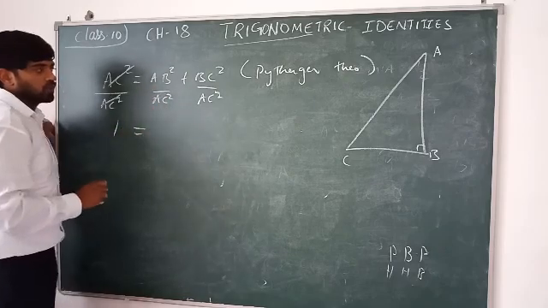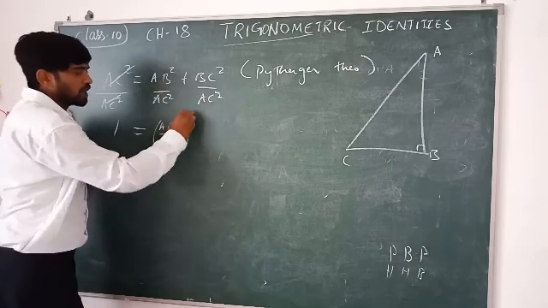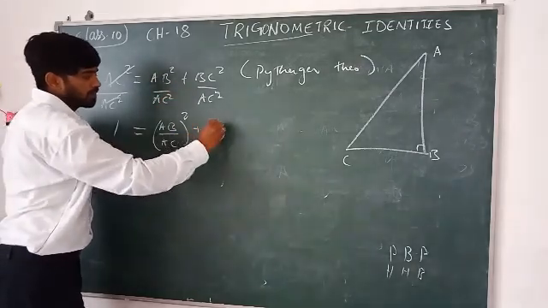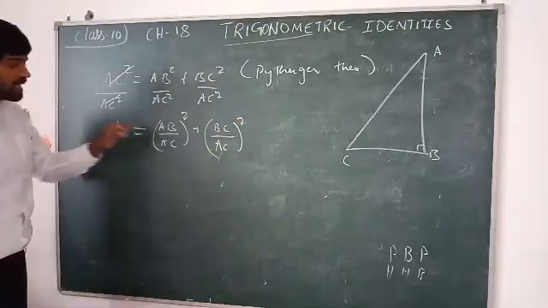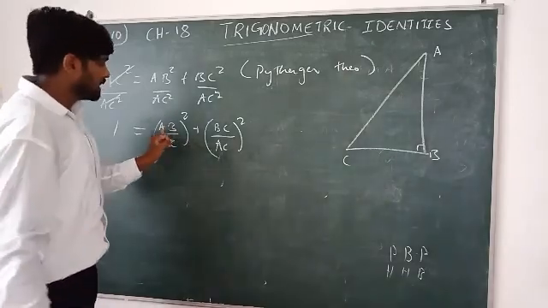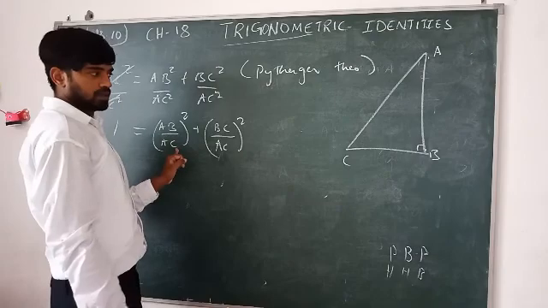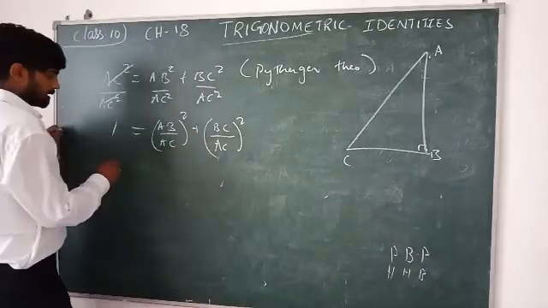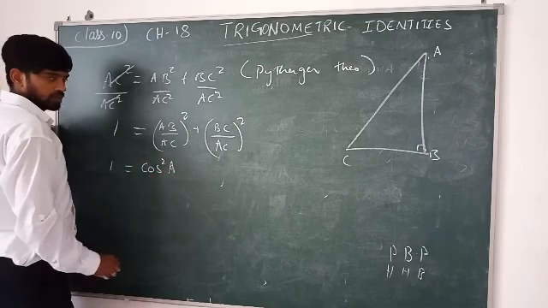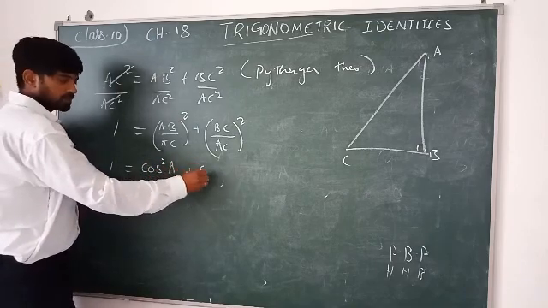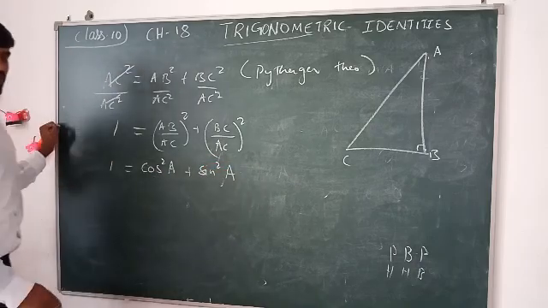You guys have to look over here. AB upon AC whole square, I am putting the square outside because 2 is common in both of them, plus BC upon AC whole square. Now if you see, AB upon AC I can write as cos A, and this can be sin square A. So what is my first identity?